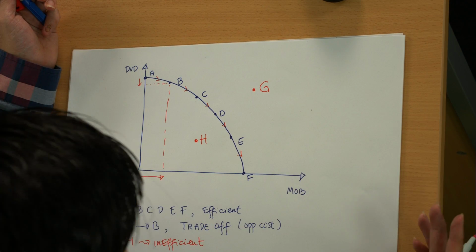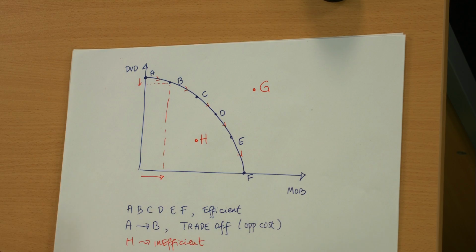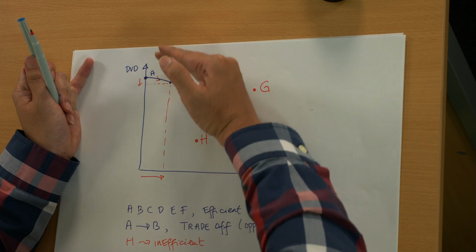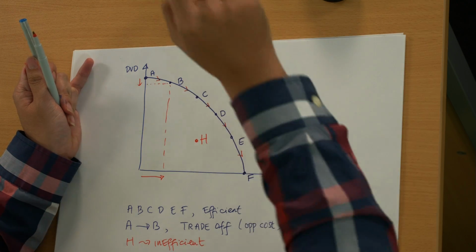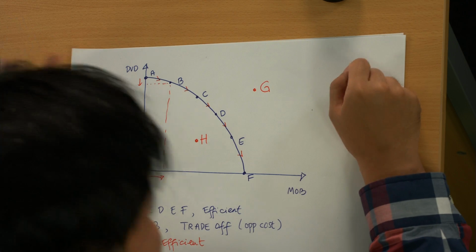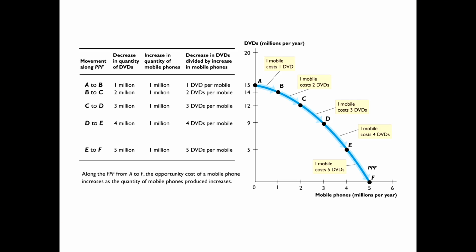Outside the PPF, for the time being, it's unattainable. We are hoping in the future, as we have more resources, our technology gets better, this PPF curve can shift so that we can achieve G, not now, in the future. Okay, good. Let's go back to the PowerPoint presentation.